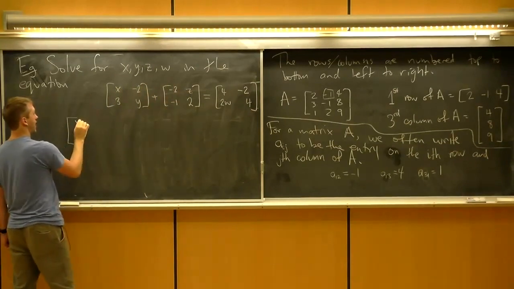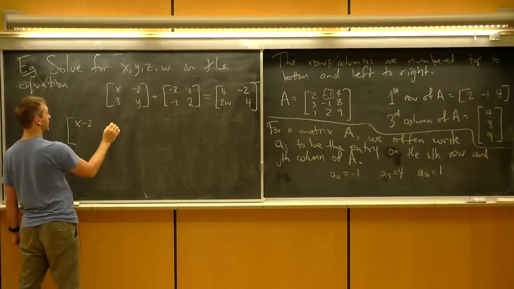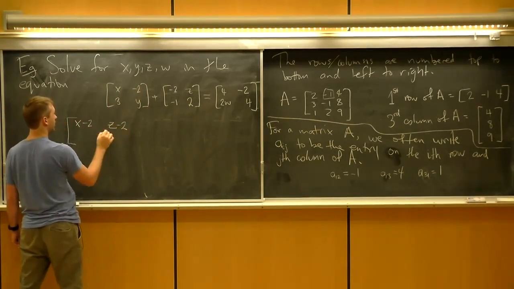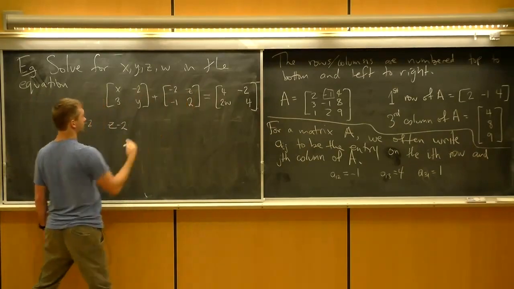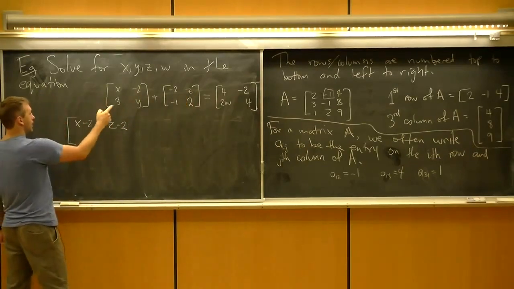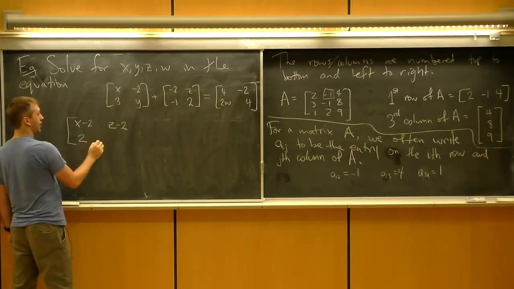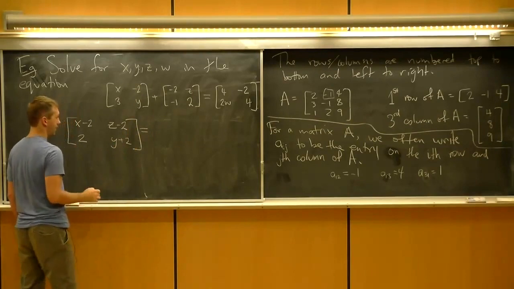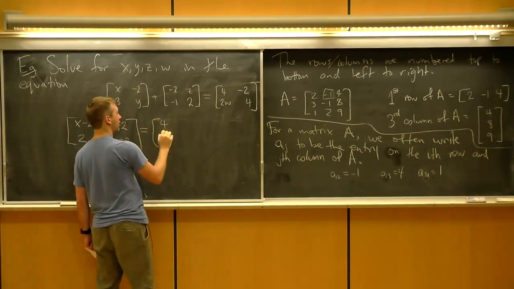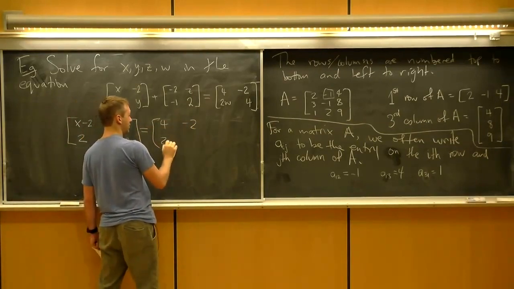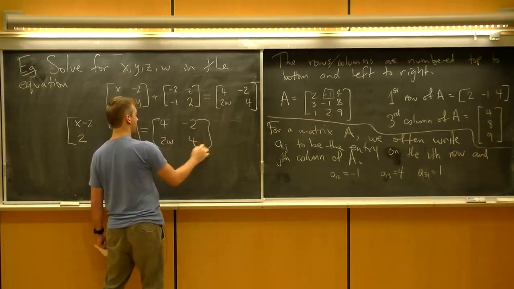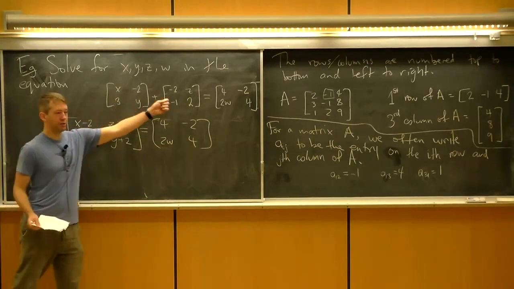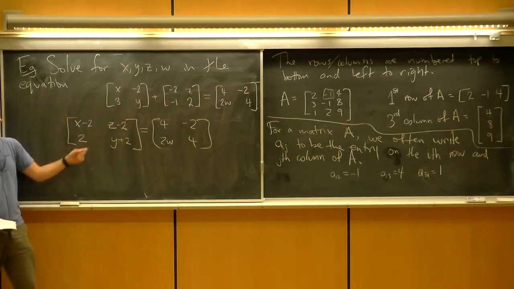So x minus 2, z minus 2, since this is minus 2 plus z, 3 minus 1 is 2, and then y plus 2. And then the equation says this should equal 4, negative 2, 2w, 4. So this is just saying, what does it mean to add these two matrices? It means this.